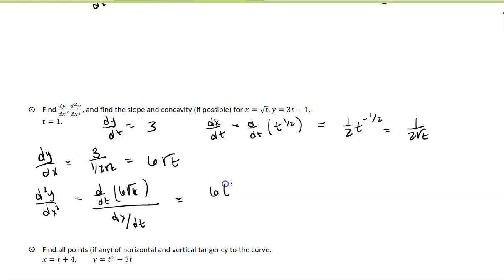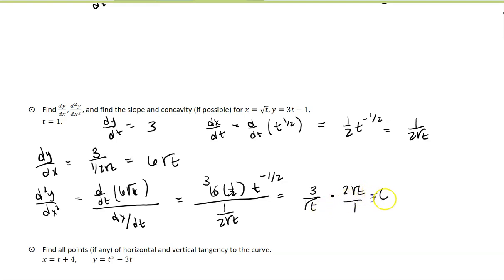So this will be 6 times 1/2 times t to the negative 1/2 divided by 1 over 2 square root of t. So that's 3 over the square root of t, because the 6 and the 2 cancel and give us 3. Keep, change, flip gives me 2 square root of t over 1, which gives me 6.